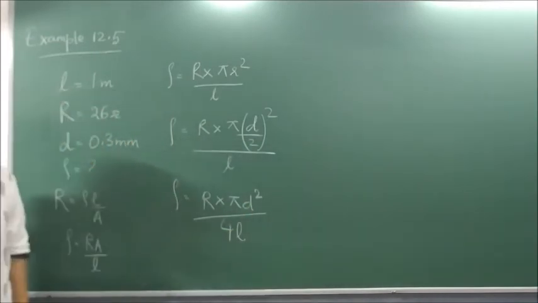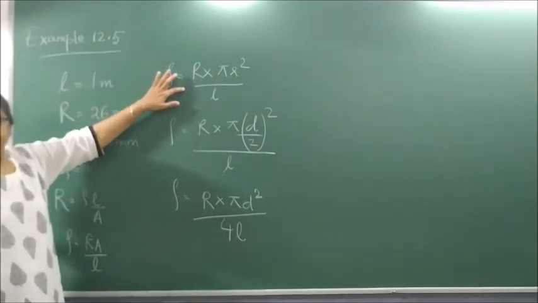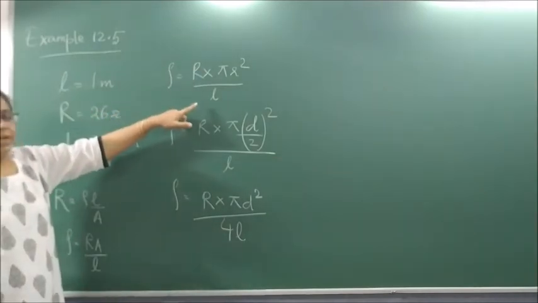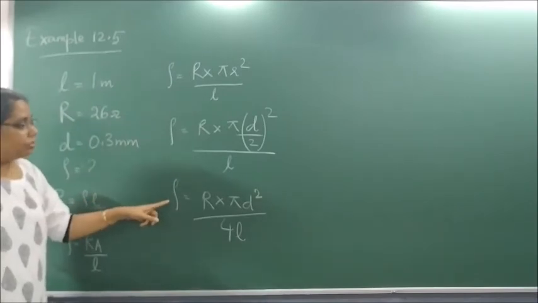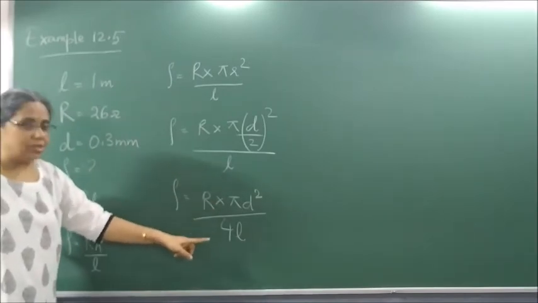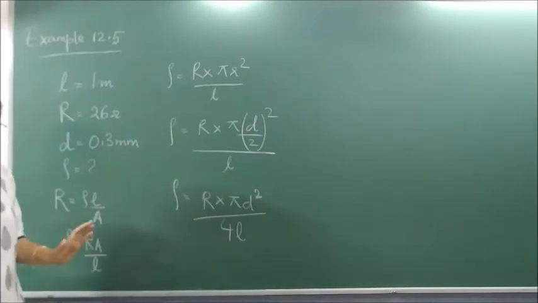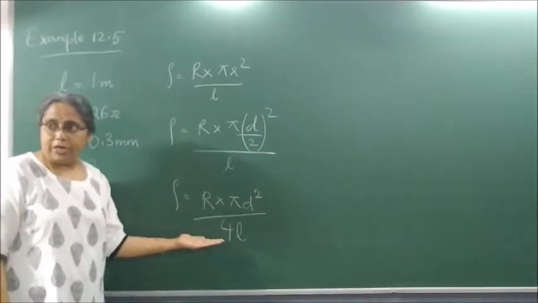So, if radius is given, I will use rho is equal to R pi r square by L. But if diameter is given, I will use the formula R into pi d square by 4L. Clear this part? So, you should know how we derive this.